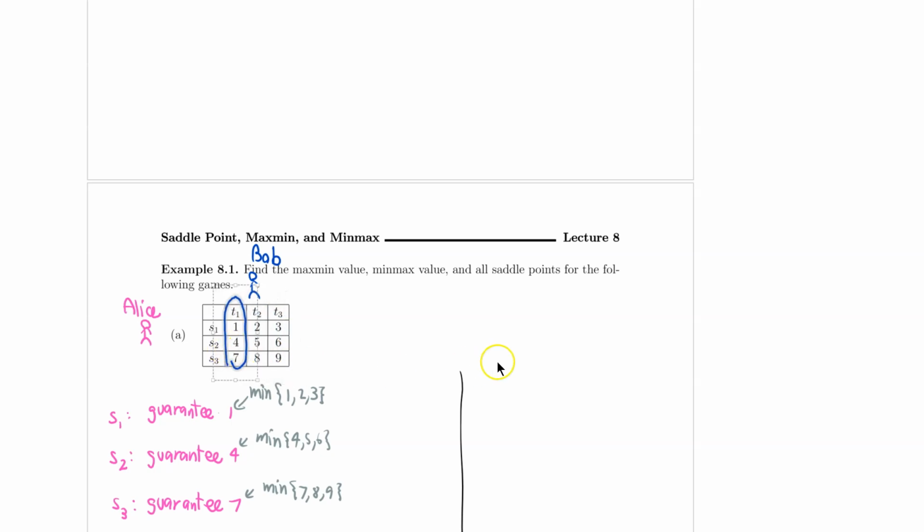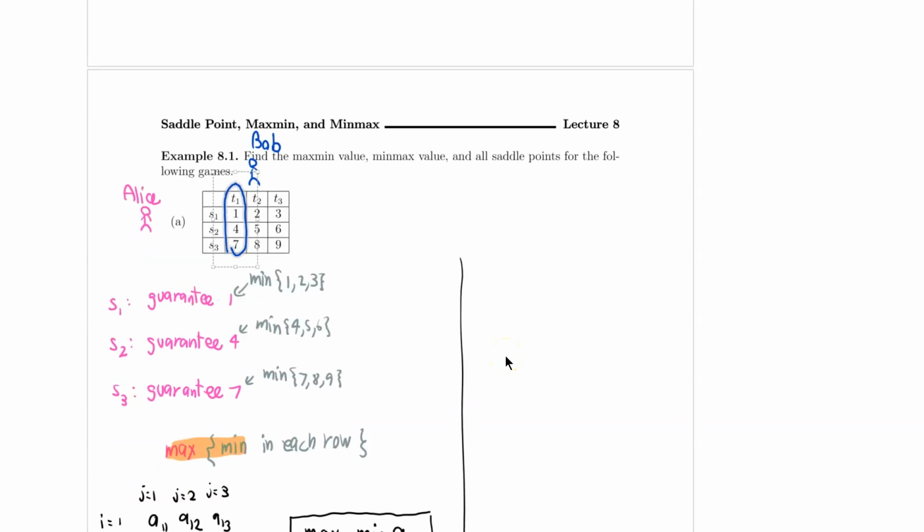So for Bob, let's see his reasoning. If Bob chooses T1, he's either going to lose $1, $4, or $7. So Bob's reasoning would be that if he chooses the first column, he's going to lose at most $7.